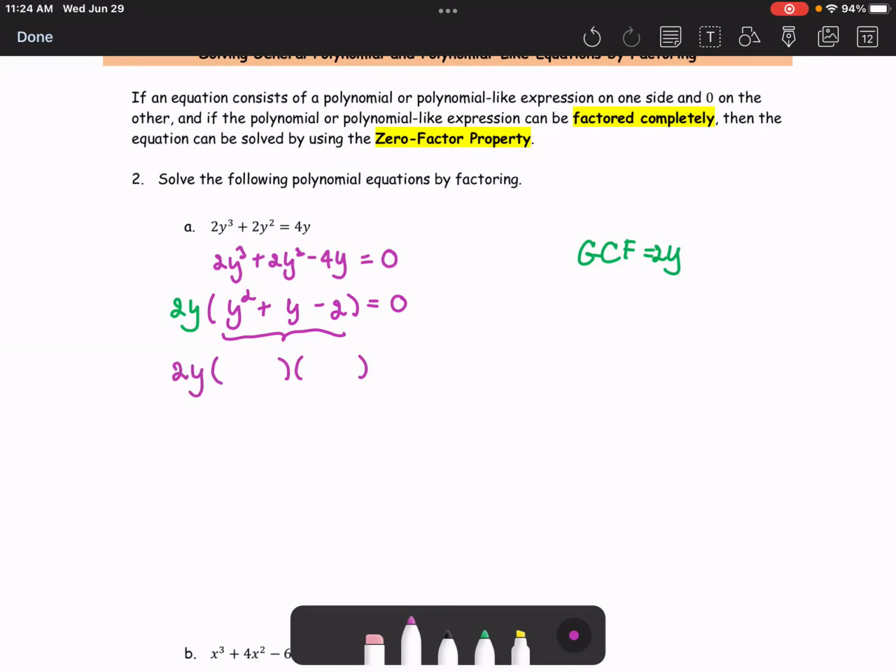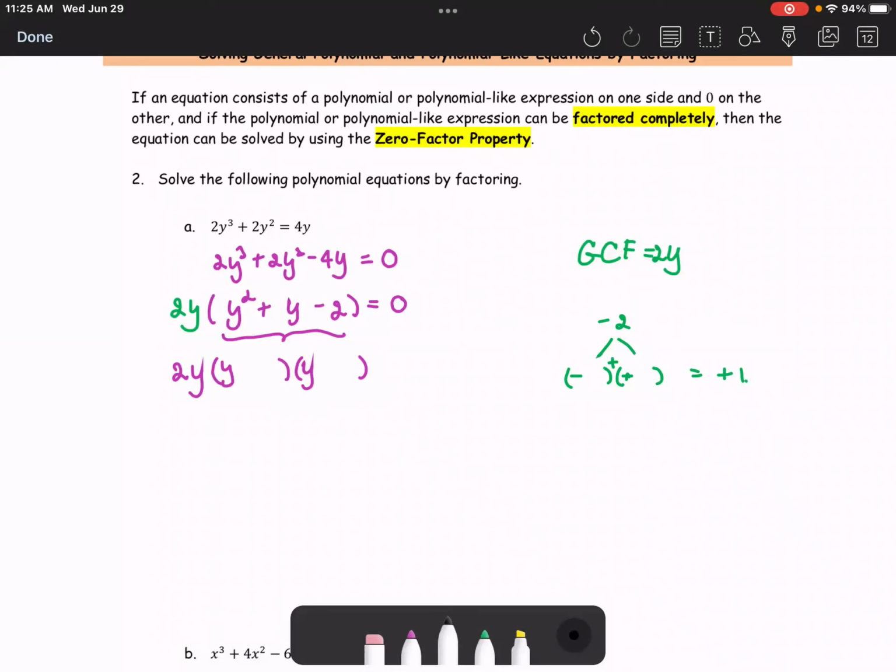So y squared plus y minus 2, the leading coefficient is 1, so we have y and y here. And then think about the 2 numbers that multiply to get negative 2, but the sum is positive 1. The product is negative, but the sum is positive. So both of them are going to have opposite signs, one positive, one negative.